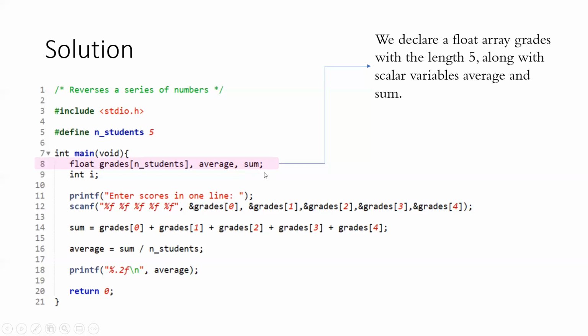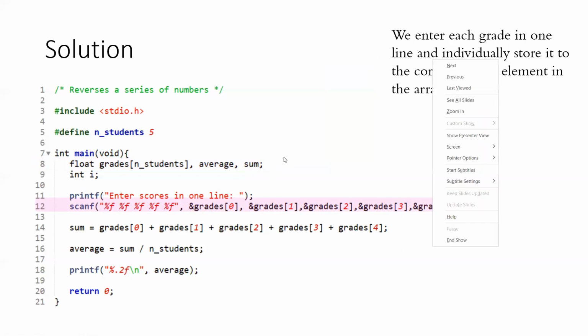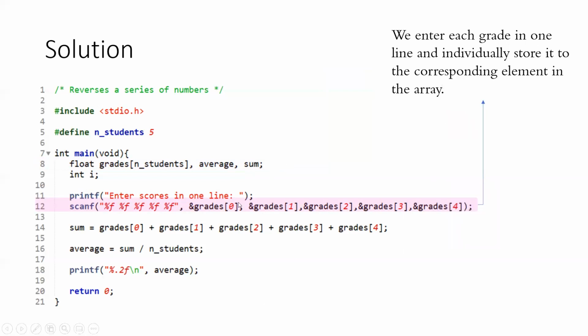If you remember, a scalar variable is a variable with a single value. Then for each member of the array, we assign values to them.